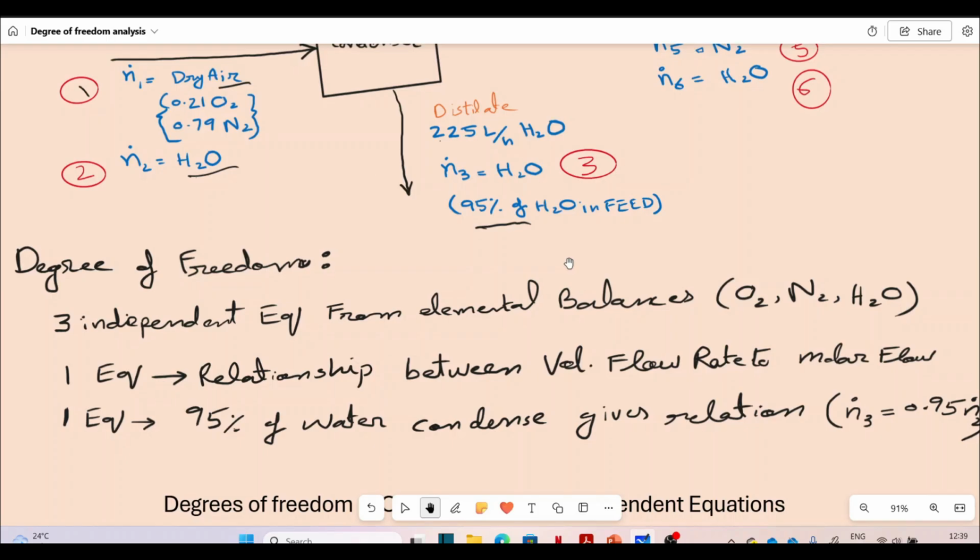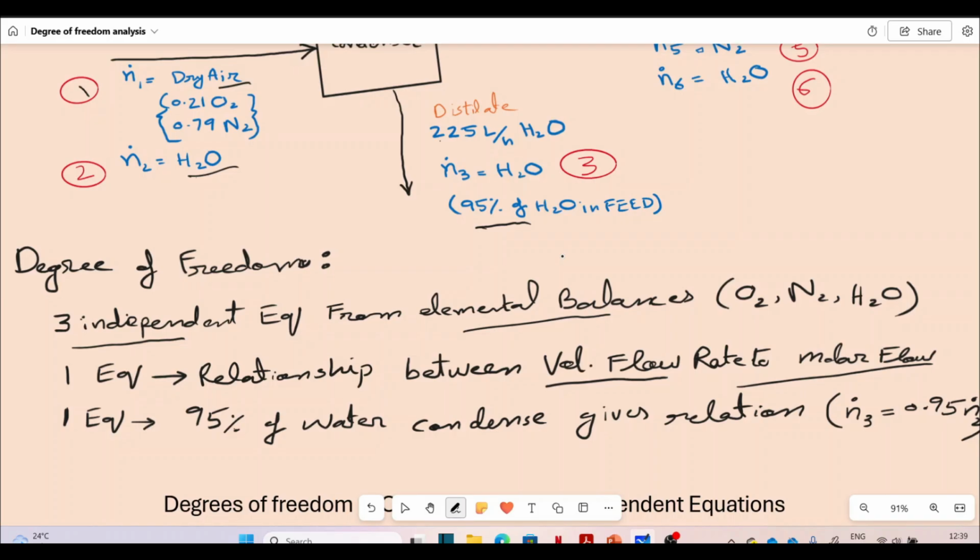So we have 3 species: oxygen, nitrogen and water. So we can write 3 independent equations from elemental balance on each species. One is for oxygen, one is for nitrogen and one is for water. And there is one equation that is the relationship between the volumetric flow rate and the molar flow rate.